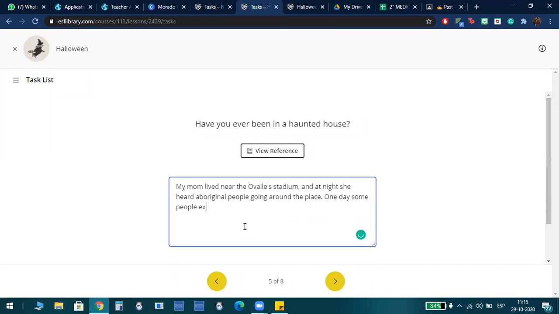And they found a lot of things of indigenous people. And a lot of those things are now in the museum. And that's why the stadium of Ovalle is called De Diaguitas, I think. Something like that. Makes absolute sense.